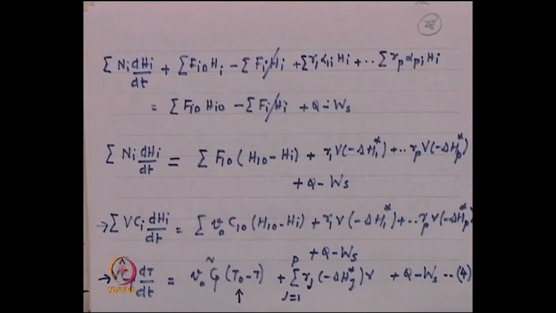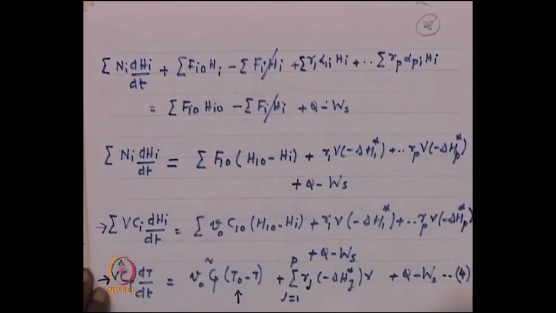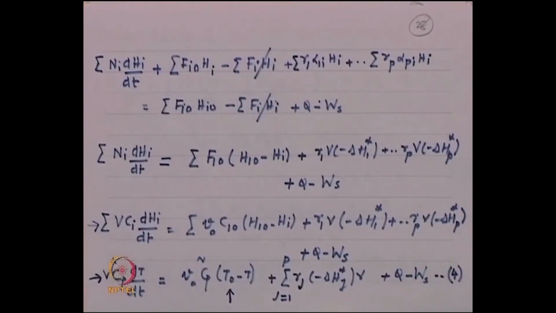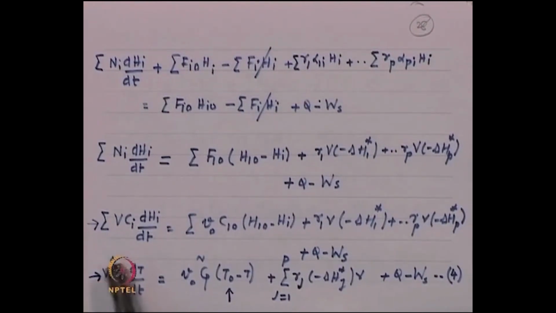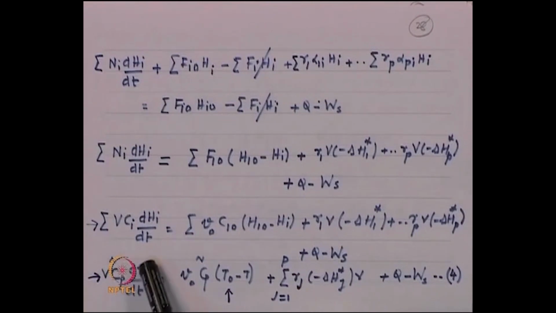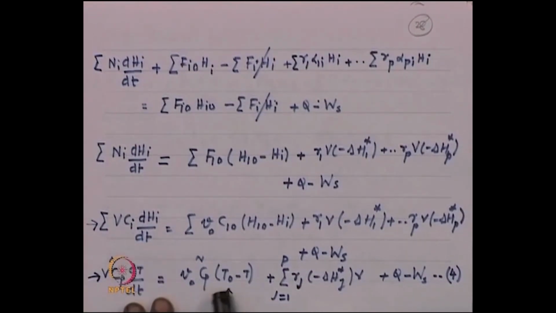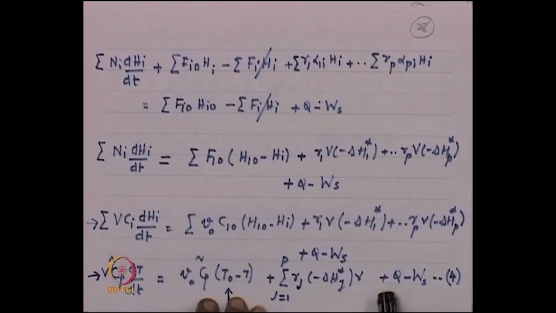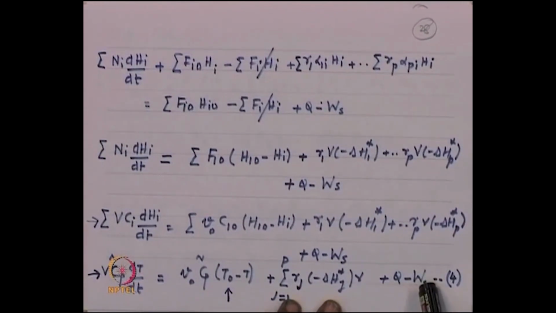Whether it is single reaction or multiple reaction, when there is one reaction, then j goes from 1 to 1. Okay. So, this form, equation 4, is a very general statement of energy balance for a stirred vessel, where VCp, which is volumetric specific heat, times the rate of change of temperature of the system equals V naught Cp (T naught minus T), the flow term, plus the reaction term, heat addition and work. Okay. So, this is how it looks.